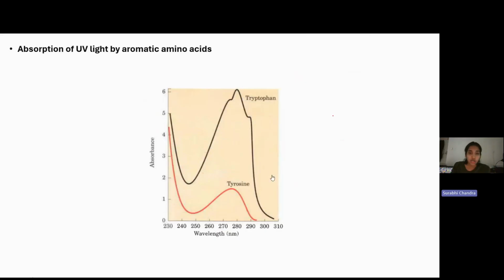Tryptophan gives the highest absorbance, followed by tyrosine, and phenylalanine is much lower. Out of these three aromatic amino acids, phenylalanine absorbs the least. However, it still is better than the other polar or other amino acid residues. It can show absorbance at 280 nanometers, but the highest is shown by tryptophan.